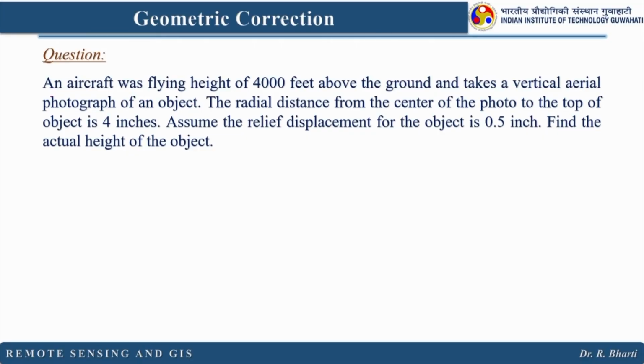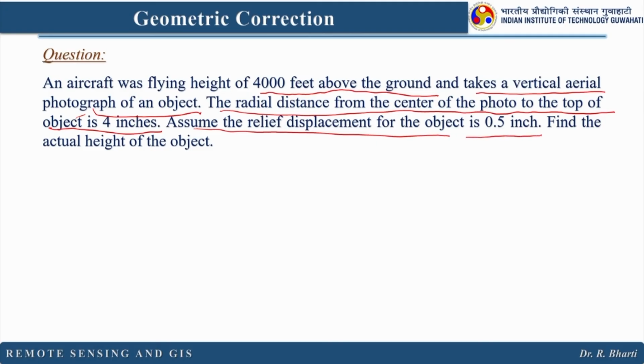So, here the question is, an aircraft was flying at a height of 4000 feet above the ground and takes a vertical aerial photograph of an object. The radial distance from the center of the photo to the top of the object is 4 inches. Assume the relief displacement for the object is 0.5 inches.